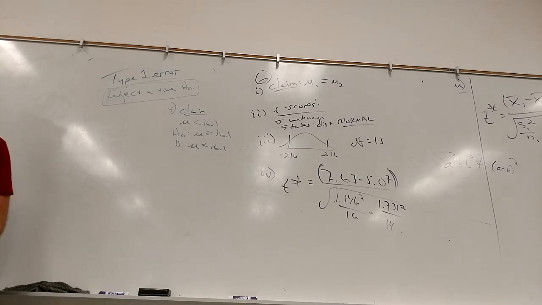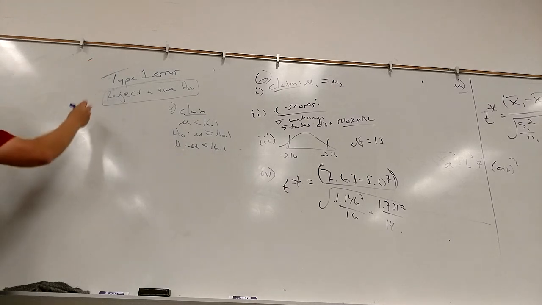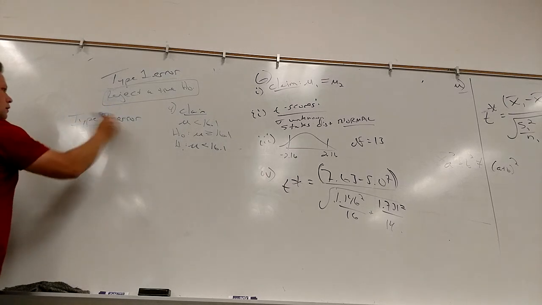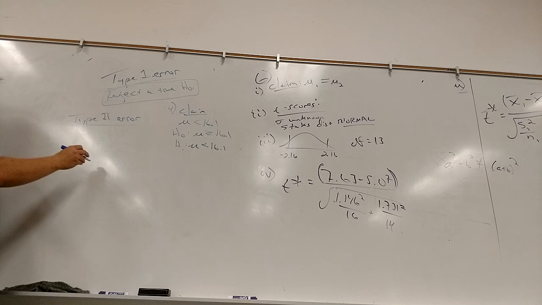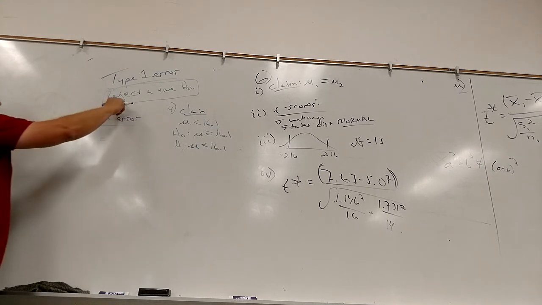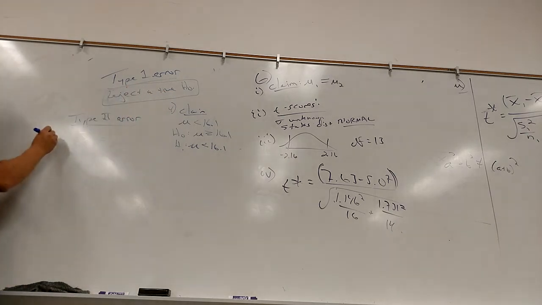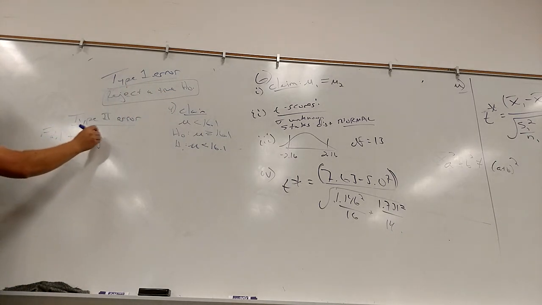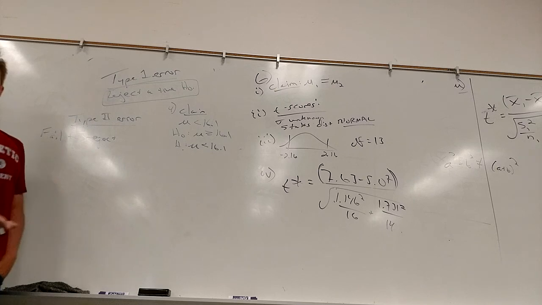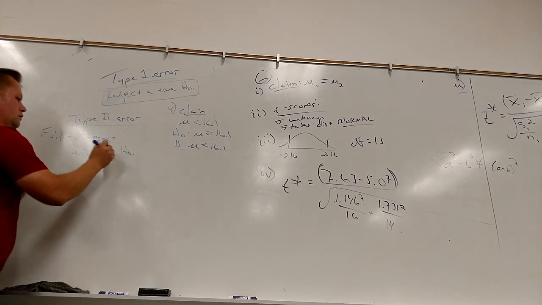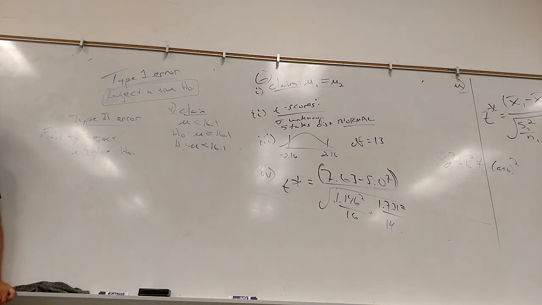That's it. What is a type 2 error? To reject. False. Yeah, you can reject. When would you be wrong then if the thing you're rejecting is true? Or you can fail to reject, and when would you be wrong? When the thing you fail to reject is false. Fail to reject a false null. So there's a lot of different ways you can say this.